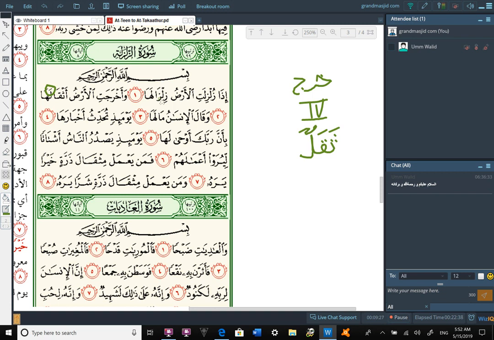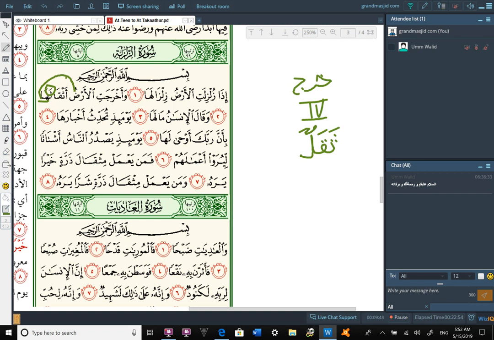So when the earth extracts or throws out, when it gets rid of, athqalaha, its burdens, ha is in a position of being majroor, mudaf ilay, referring back to the earth's burdens.